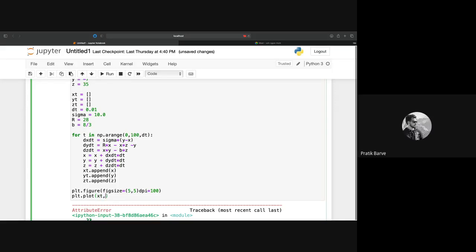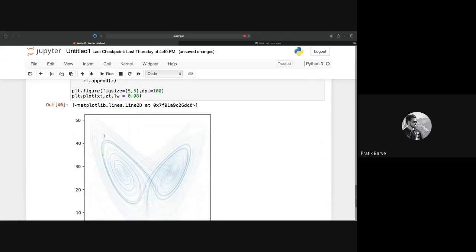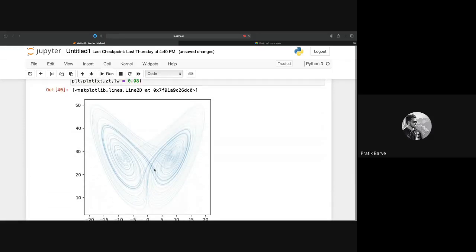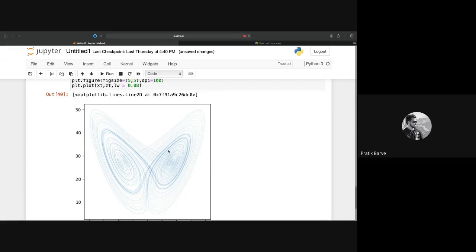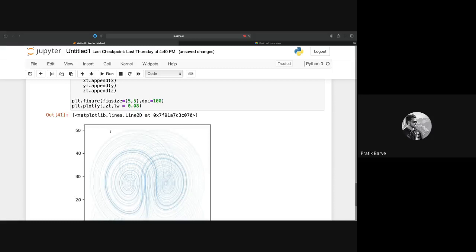Let's see on XZ and how it looks. So yeah, you must have seen the butterfly pattern. So on XZ plane it looks like this, and on YZ plane it looks something like this.